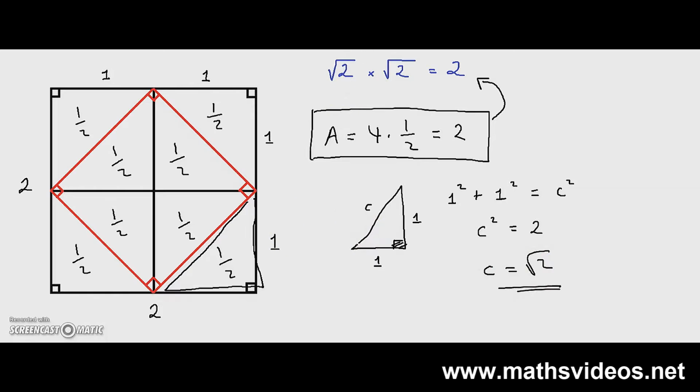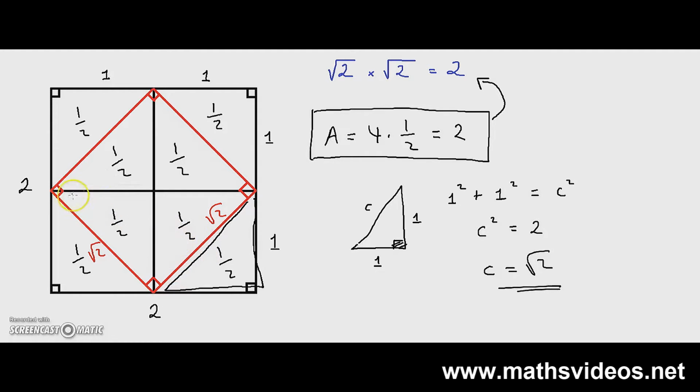Okay? So we know that the length from this point to this point over here is going to be the square root of 2. Now, the length of this point to this point over here would also have to be the square root of 2, as this box over here is actually a square.